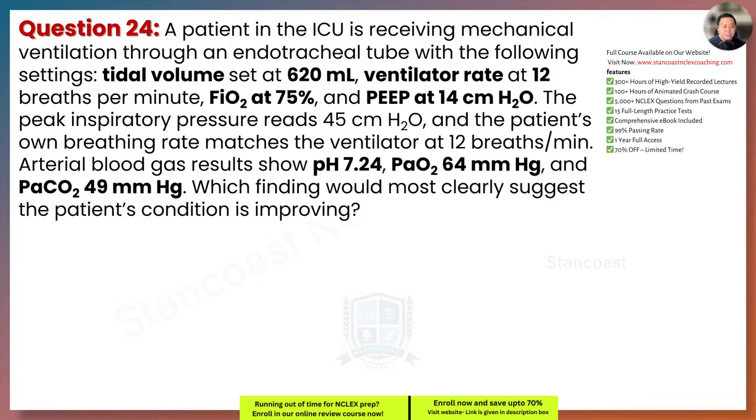The peak inspiratory pressure reads 45 cm water, and the patient's own breathing rate matches the ventilator at 12 breaths per minute. Arterial blood gas results show pH of 7.24, partial pressure of oxygen 64, and partial pressure of CO2 49. Which finding would most clearly suggest the patient's condition is improving?